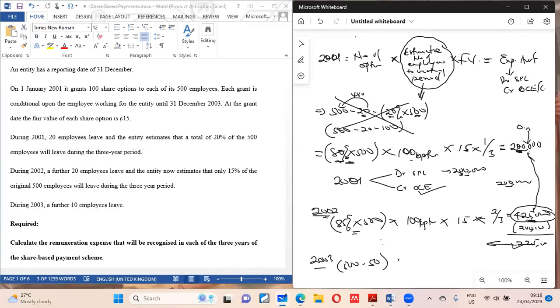So it's 450 multiplied by 100 options, multiplied by 15 CU, and here we have 3/3. And that will give us how much? When you get to the last year, it's not about percentage, unless the question is posed in a certain way, like saying in the final year, 80% left. The word is left.